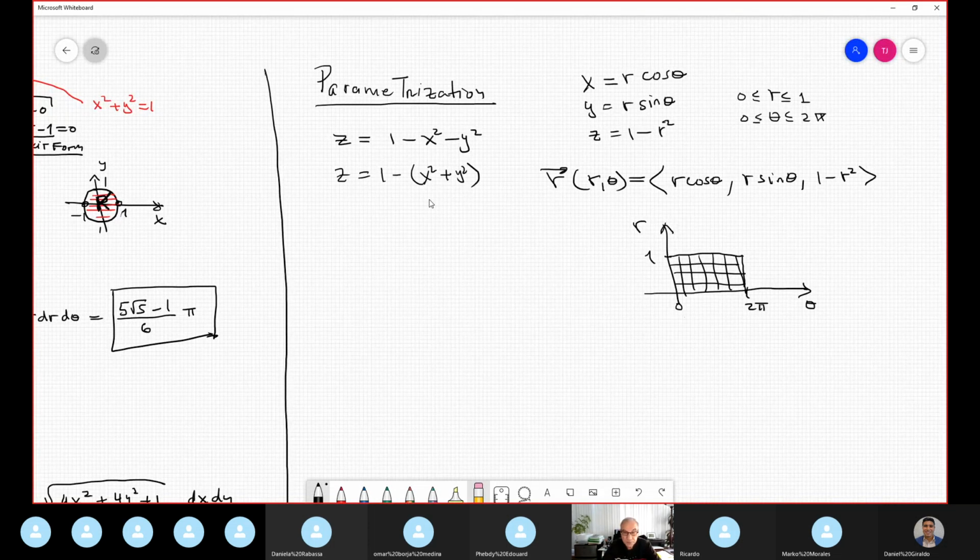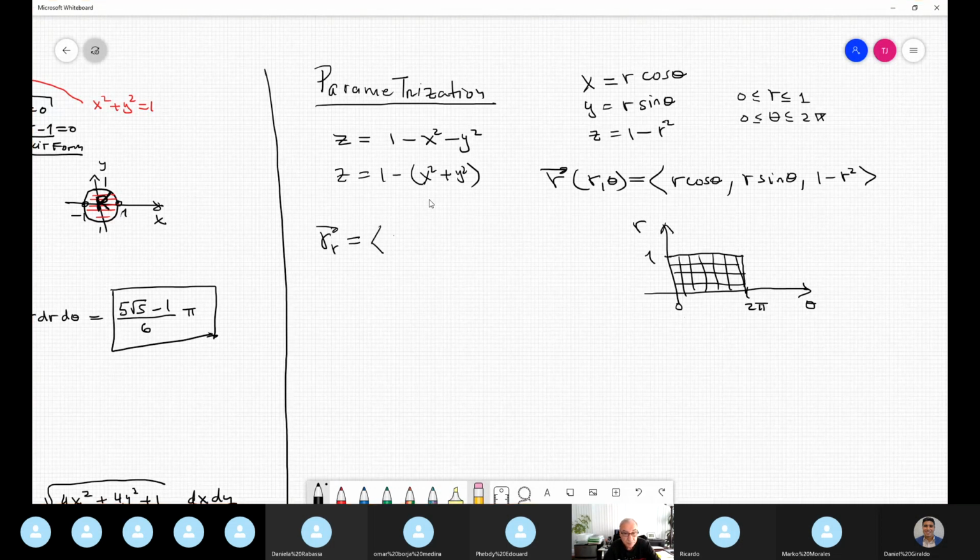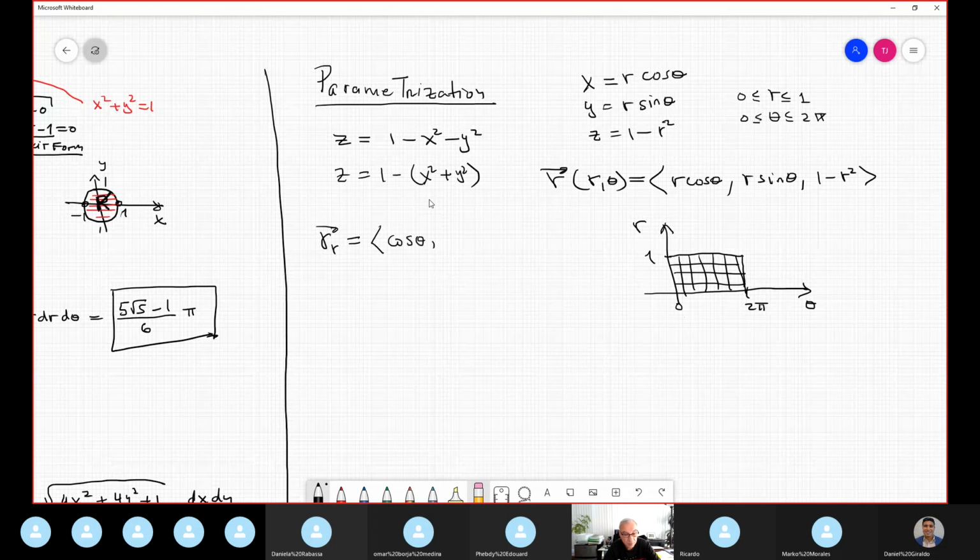Okay, now ready. So now the formula: you compute r_r. You compute the partial derivative of this vector valued function with respect to r. So it is cosine theta, sine theta, minus 2r. I differentiate with respect to r; the derivative of r is 1, and you consider cosine theta constant. The second component is exactly the same.